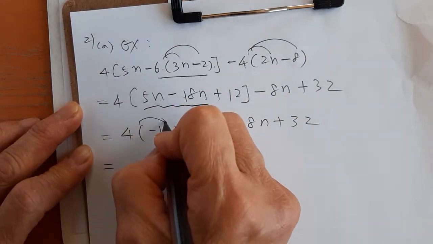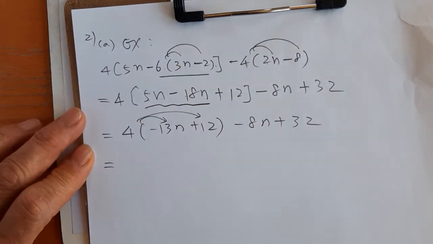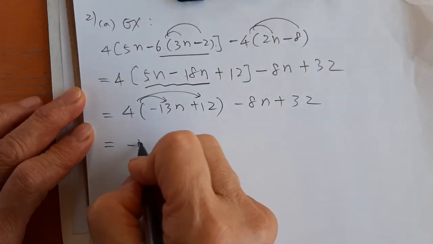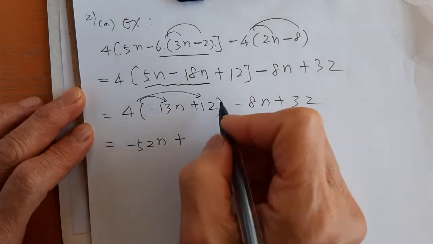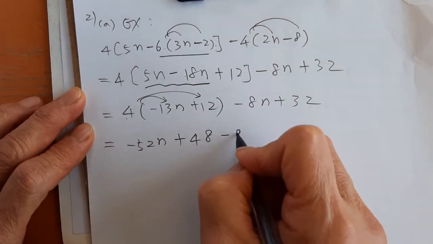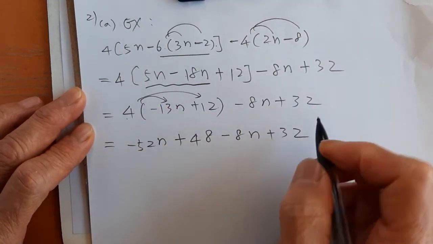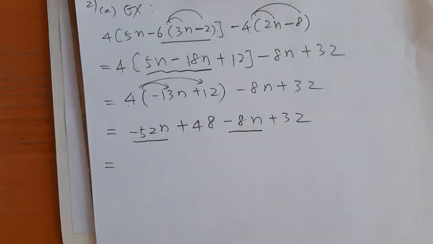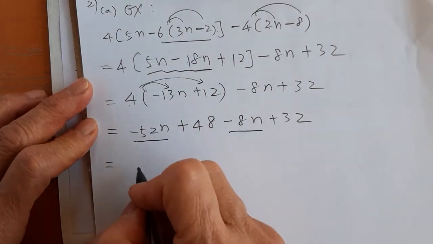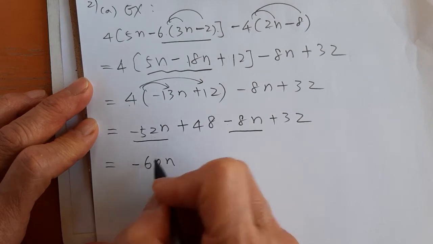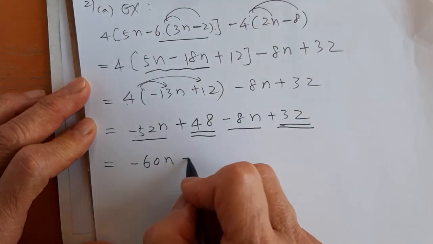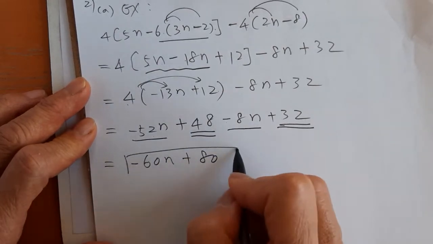Then use distributive property to remove parentheses. 4 times negative 13n is negative 52n plus 4 times 12 is 48 minus 8n plus 32. So then these two n terms combined, both are negative. So you add together, negative 52 add negative 8 is a negative 60n. And the constant term combined, 48 add 32 is a positive 80.